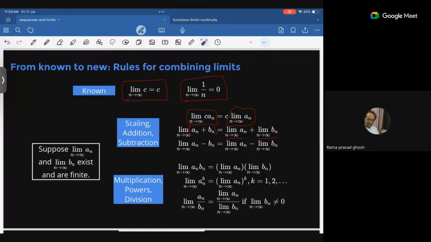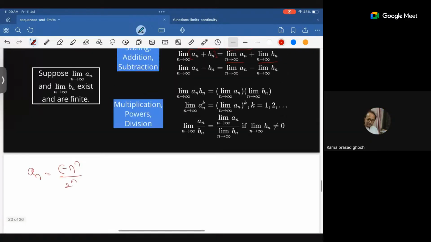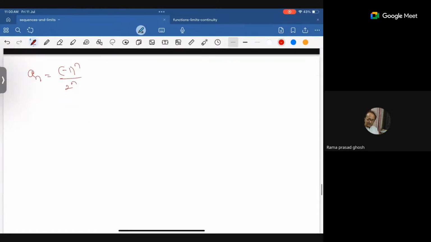Sir, I have one very interesting example. Say minus 1 to the power n divided by 2 to the power n. This is an oscillatory sequence, but it has a limit. As n tends to infinity, it becomes 0, since the denominator is more than 1 and goes to infinity.